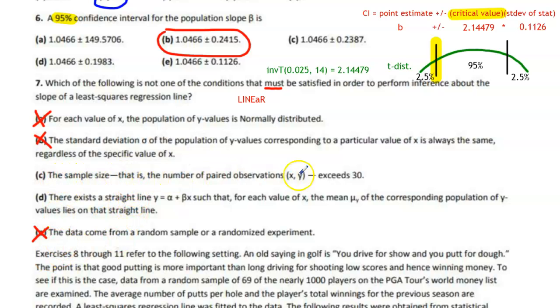The sample size has to exceed 30, and there exists a straight line, y equals alpha plus beta x. This is the population regression line. So for each value of x, the mean y value of the corresponding population of y values lies on that straight line. This classic example is the exact same example that you saw at the beginning of the video.